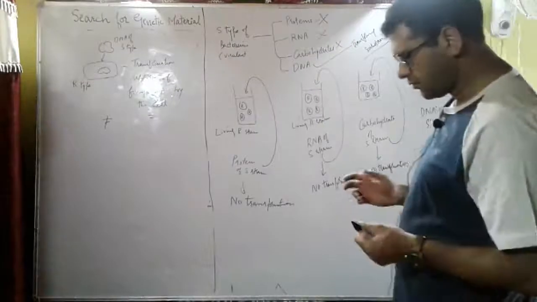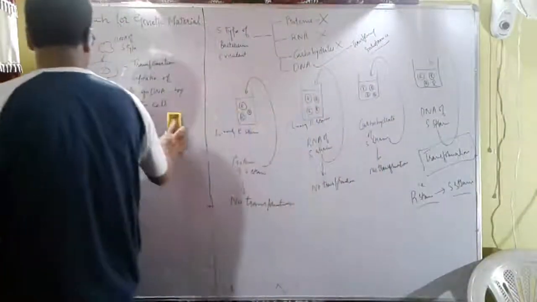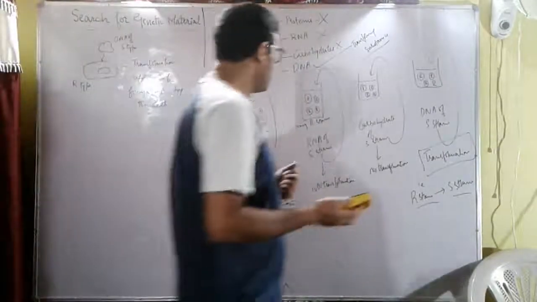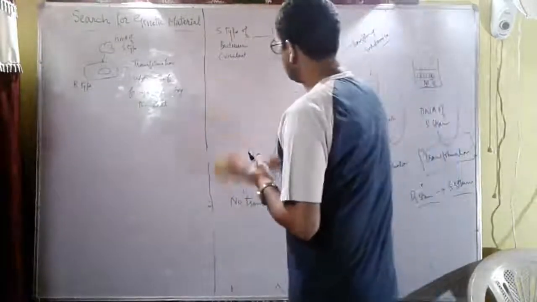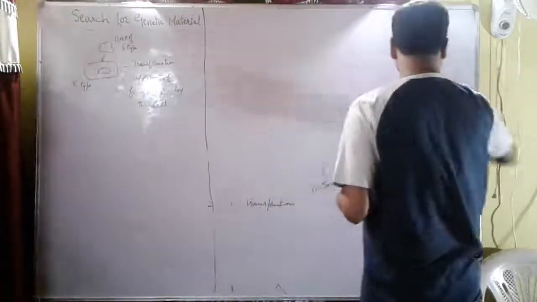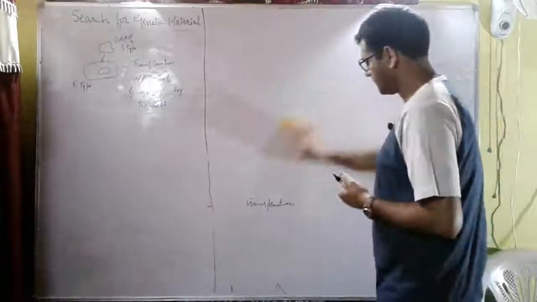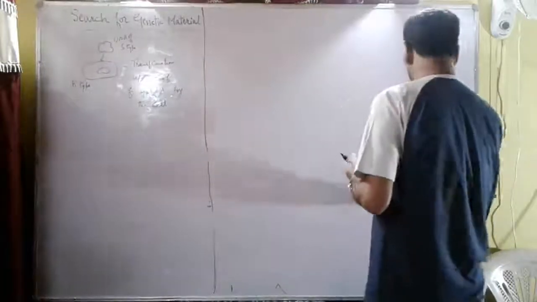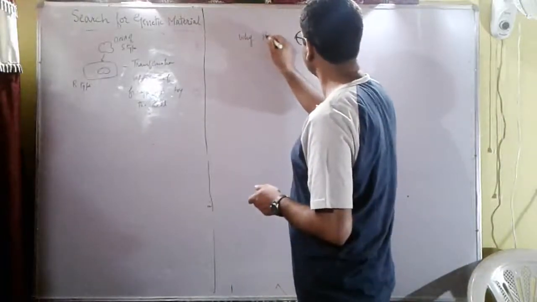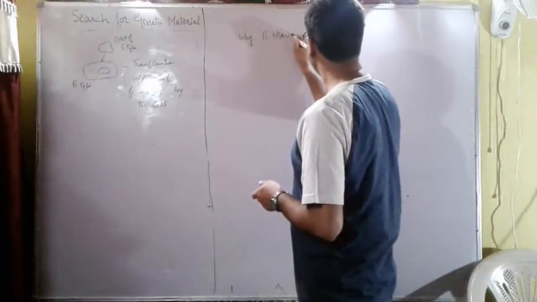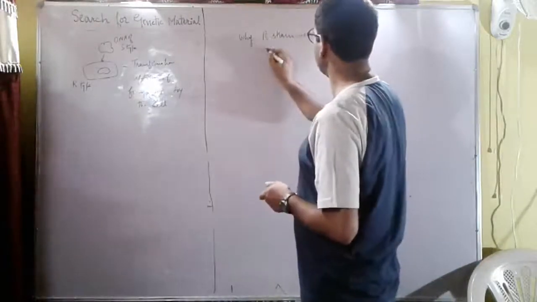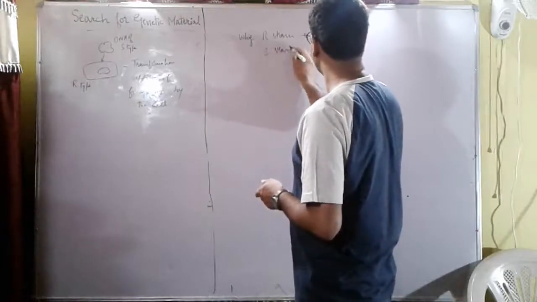And now the question arises: why is the R strain non-virulent and the S strain virulent?